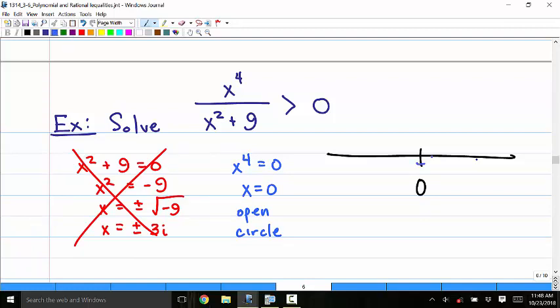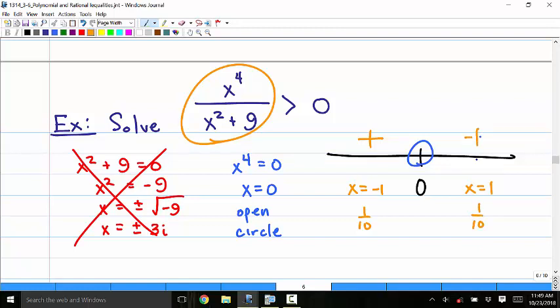Open circle here. Give me two values to check. Negative 1 and 1. You can go put it on your calculator if you want to. If I plug negative 1 in, I get 1 over 10. It's a positive number. If I plug 1 in here, I get 1 over 10. That too is a positive number.